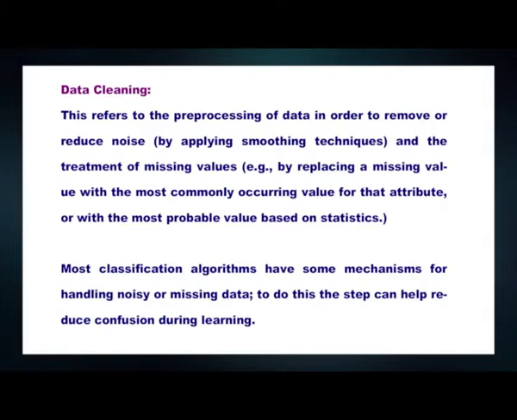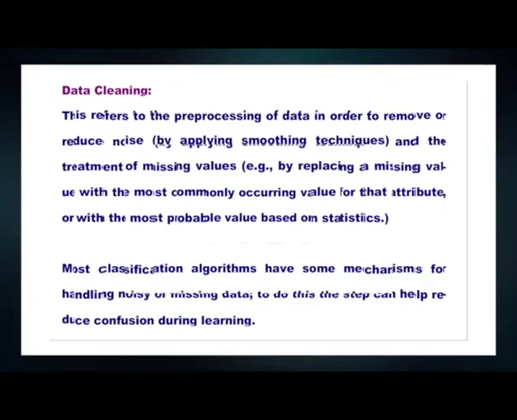For example, by replacing a missing value with the most commonly occurring value for that attribute or with the most probable value based on statistics. Most classification algorithms have some mechanisms for handling noisy or missing data. Data cleaning can help reduce confusion during the learning process.